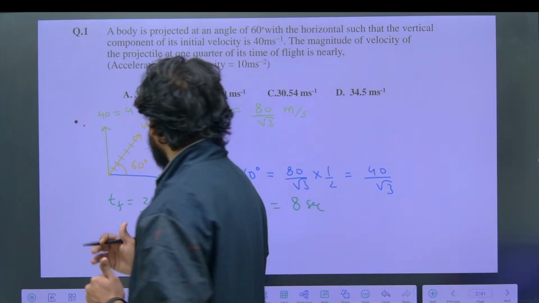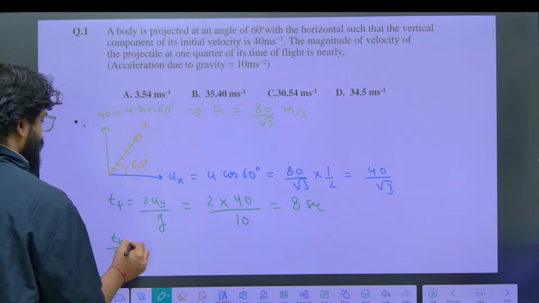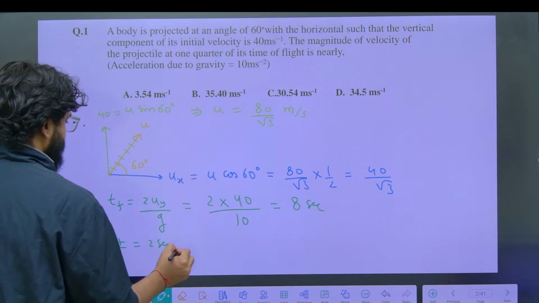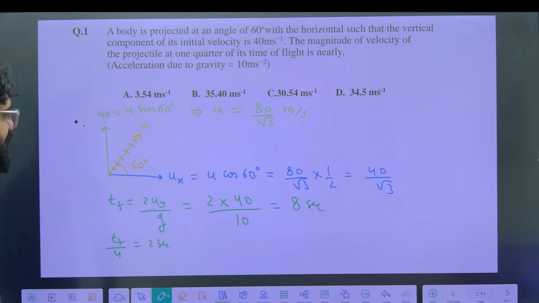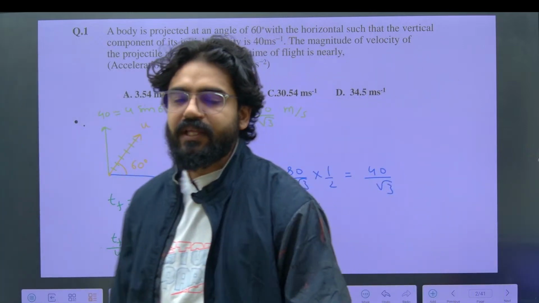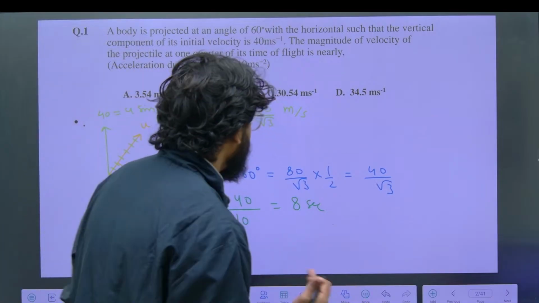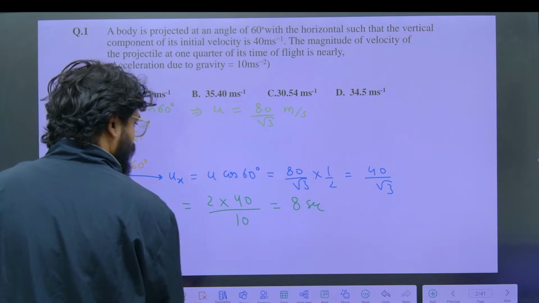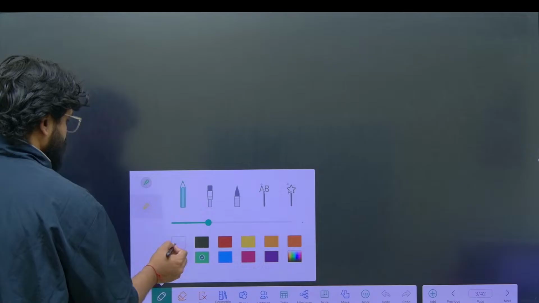So if time of flight is 8 seconds, then time of flight by 4 will be 2 seconds. So basically we know ux will remain the same. The only thing that will change is uy, right? So we can calculate the value of Vy after 2 seconds, correct?